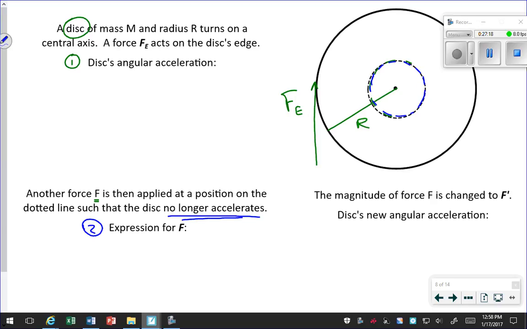We have to define that this has a radius little r. And then we change the magnitude of that force to something else, but it's still applied along that dotted line. Come up with a new expression for what the system's angular acceleration must be. All right, and all your answers are only in terms of M and R and F's.